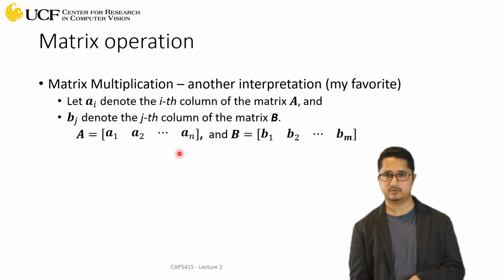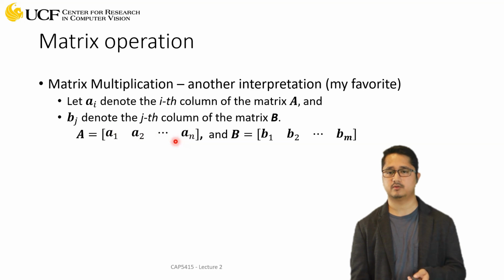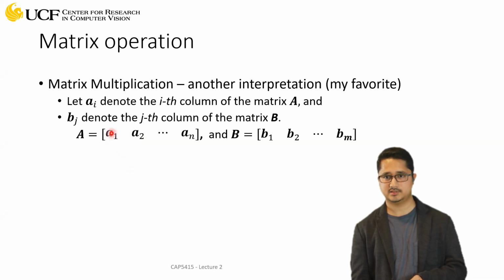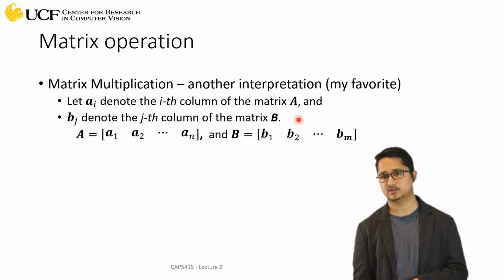In that scenario, A can be represented as this vector over here, a vector of column vectors. Ai is a column vector, and A2 is a column vector. So you will have these column vectors which represent A. Similarly, you will have these column vectors, B1, B2, Bn, which represent B.